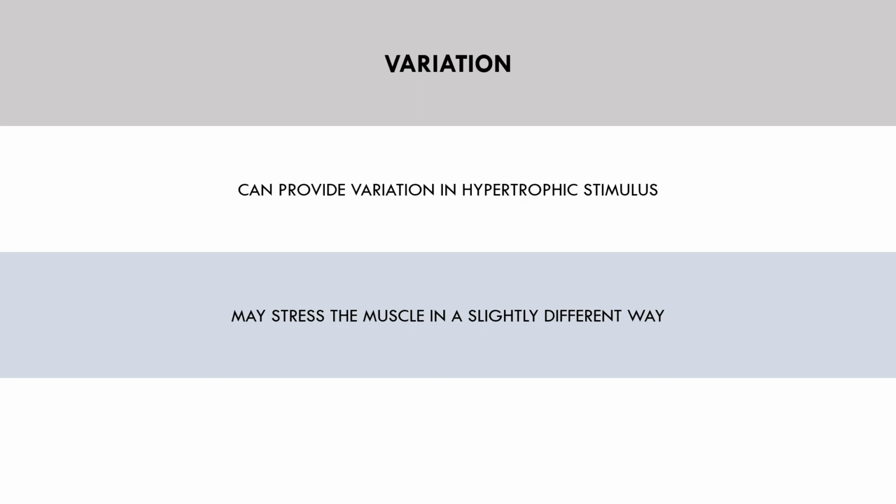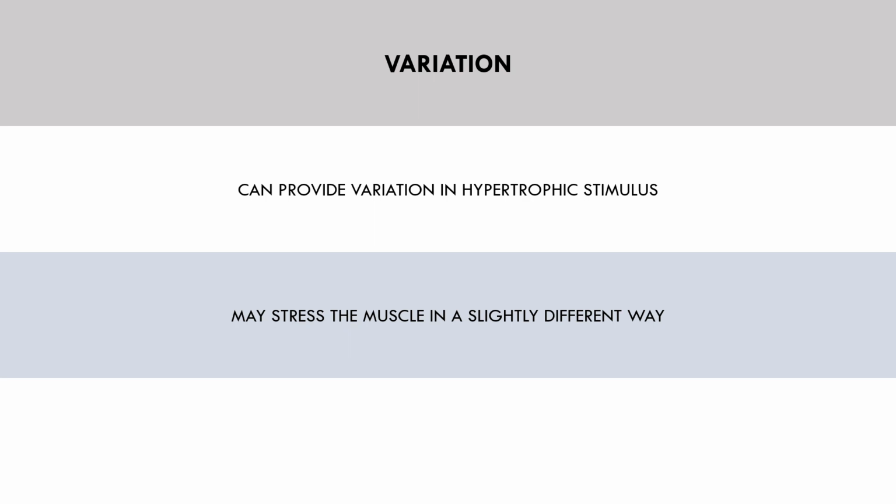Like we alluded to in the previous point, changing exercises provides a novel stimulus for the trainee to adapt to. Although these initial gains are probably largely due to neural efficiency, changing the exercise will still provide some variation in terms of the hypertrophic stimulus. Although 2 exercises may hit the same muscle groups, they may apply stress in a slightly different way and place more or less tension on different fibers.